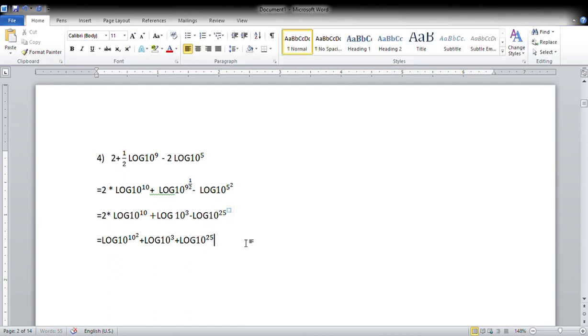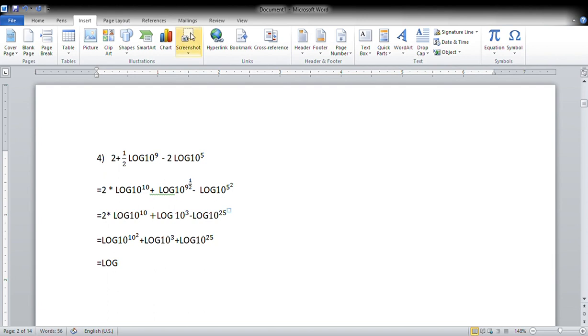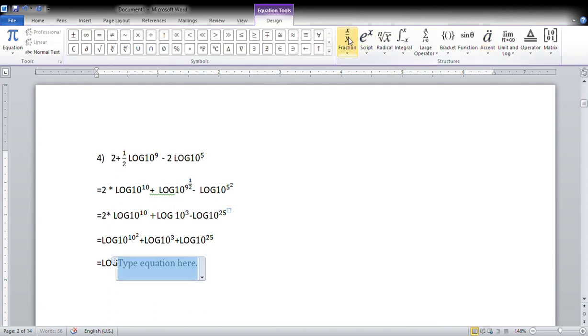Both of the cases the base is the same, that means we can simply write it as log 10, and there we can make a multiplication, division, sorry.